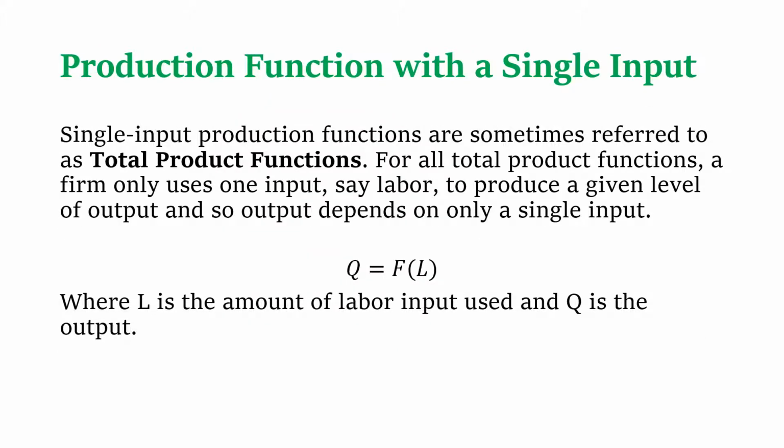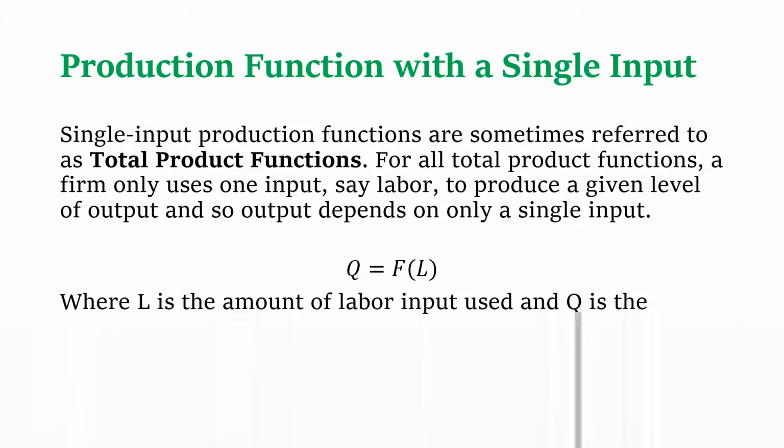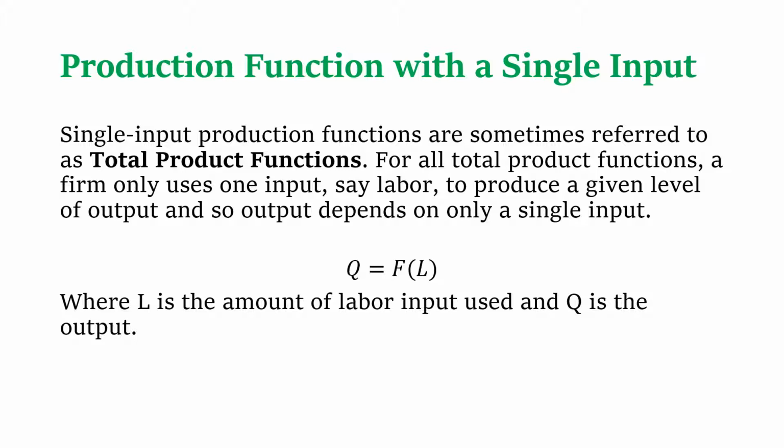Now let's look at the typical production function with a single input. Here we say production output is just a function of labor. So for all production with a single input, they are referred to as a total product.